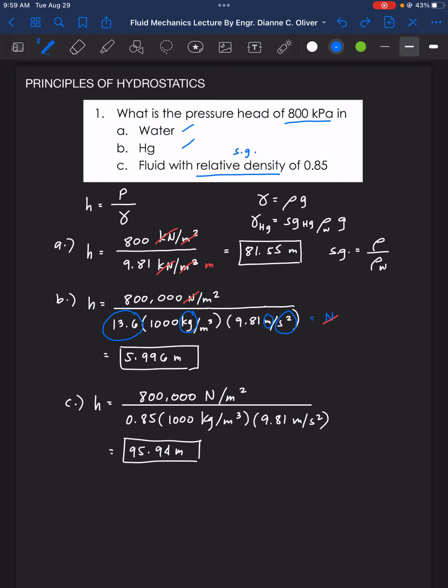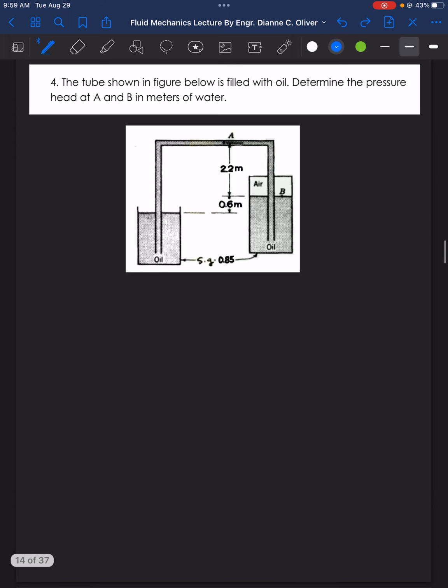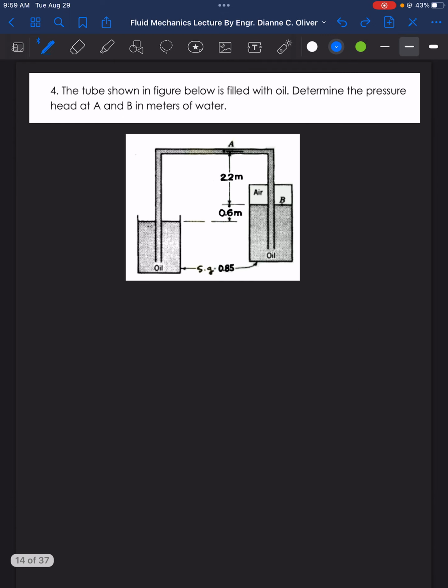If we're talking about pressure head in mercury, you're going to use the unit weight of mercury. That's why example number 4 mentions in meters of water, because we're going to use the unit weight of water.